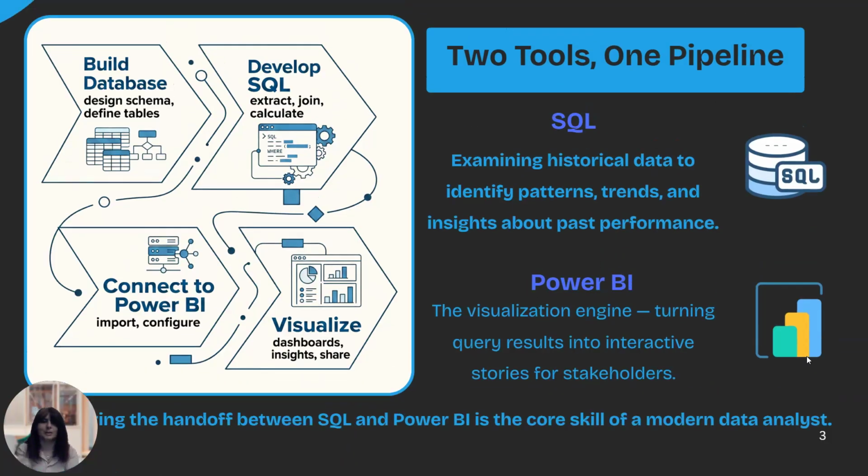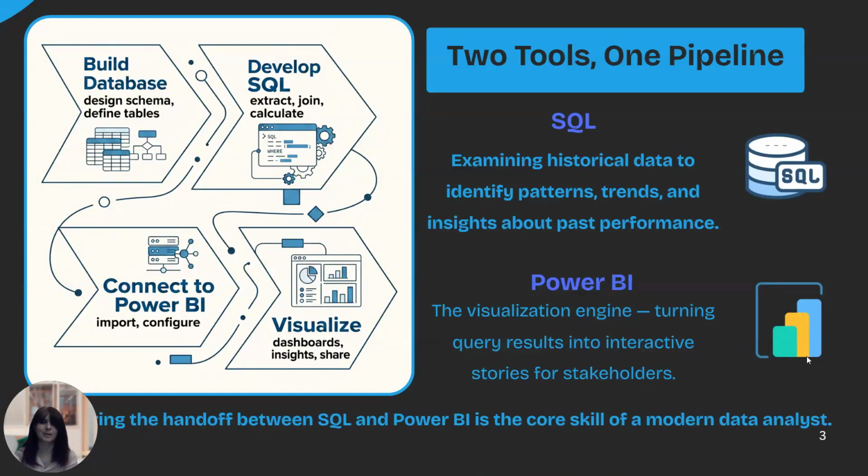So we go further, and in today's tutorial, we'll be discussing two tools, SQL and Power BI, and the one pipeline where we would be using those two tools for decision making as a data analyst, right? So we use SQL, the programming language, for the examination of historical data.